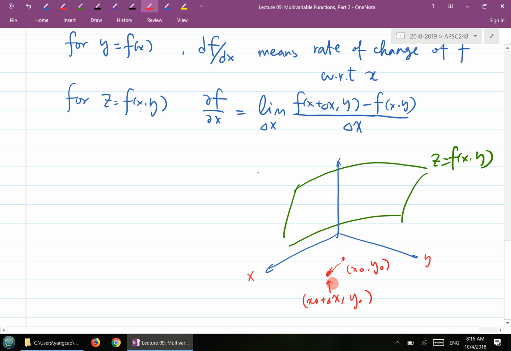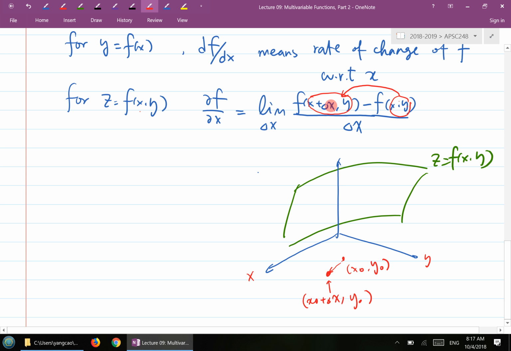That's the operation, moving the current point slightly in the positive x direction by delta x, from here to here. Is that good?